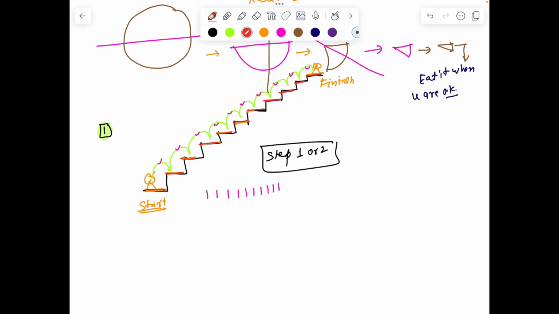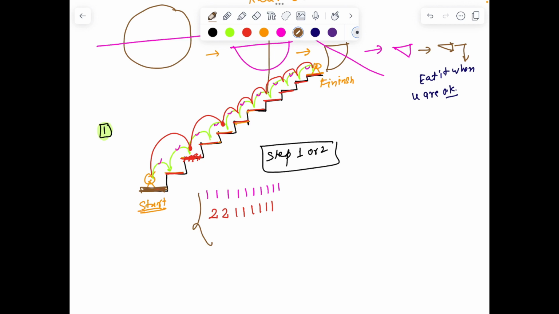Maybe in the beginning he first takes a step of 2 and lands on this stair, then again a step of 2, and then steps of 1, 1, 1, 1, 1, and finally reaches. So it might go like 2, 2, then 1s up to 10. Now the question is, in how many ways can Golu end this game?